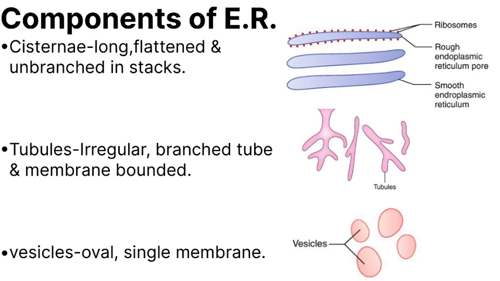Now suppose the ER is a tree. Then cisternae are its broad branches and big leaves, which function as a site where substances like proteins are produced and stored, just as the tree manufactures and stores its food. The tubules are like the thin branches or the veins of the leaves. They help connect the cisternae together to transport materials internally, acting like pipelines connecting different parts of the ER network.